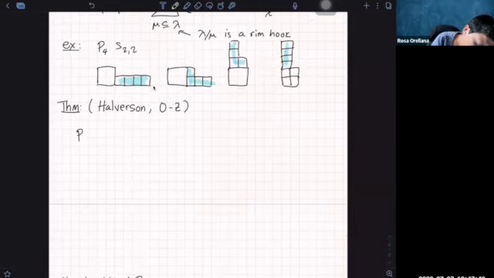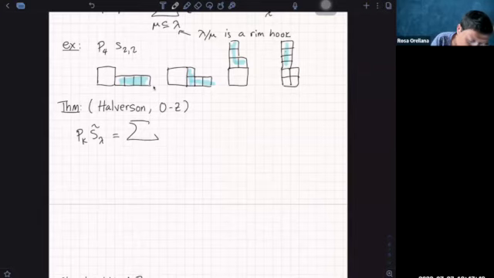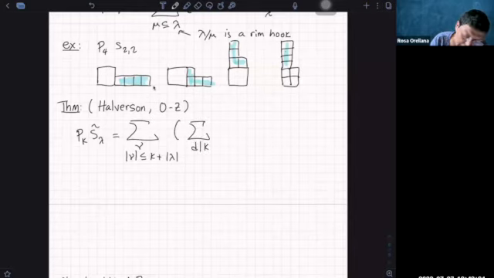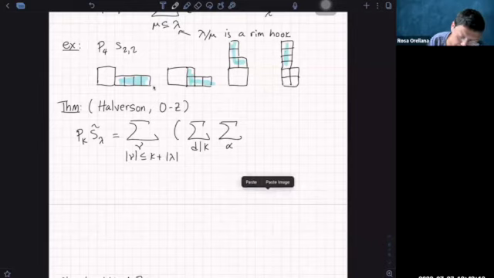It says that p_k s lambda tilde is equal to a sum over nu, where nu is less than or equal to k plus lambda. The coefficient turns out to be a sum over d dividing k, for all divisors of k, and you sum over all alpha, and I'll tell you in a second what those are.